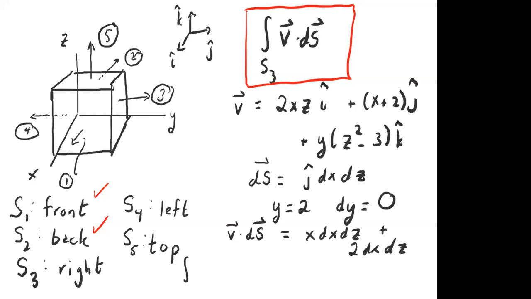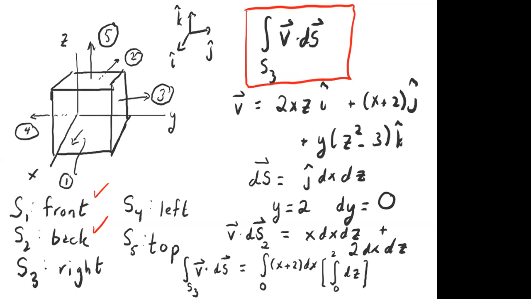So you're really all set. The flux of v over surface 3 is going to reduce to an integral over x from 0 to 2 of x plus 2 dx. I'm skipping a few steps here that you can fill out, times another integral over z, where z goes from 0 to 2.